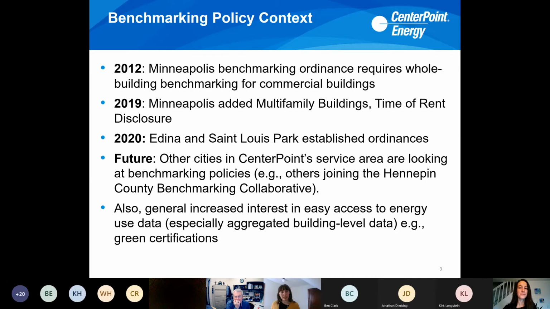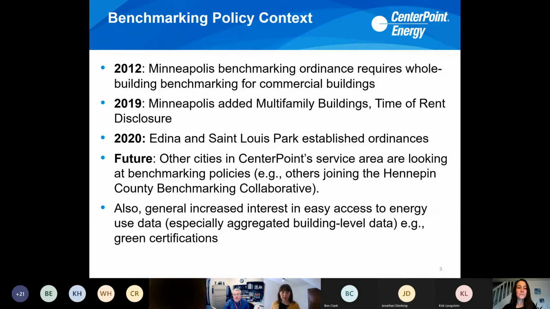In 2019, Minneapolis added multifamily buildings to that ordinance, and they also introduced a time of rent disclosure element to the ordinance. And the large building multifamily element of that ordinance covered about 400 to 500 buildings within the city.